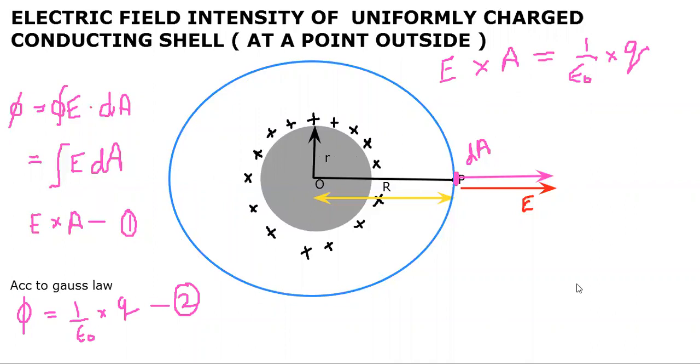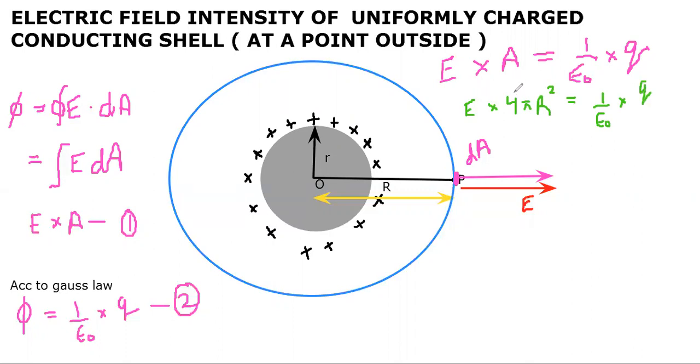So what can I write? I can write E into 4 pi capital R square is equal to 1 by epsilon naught into Q.